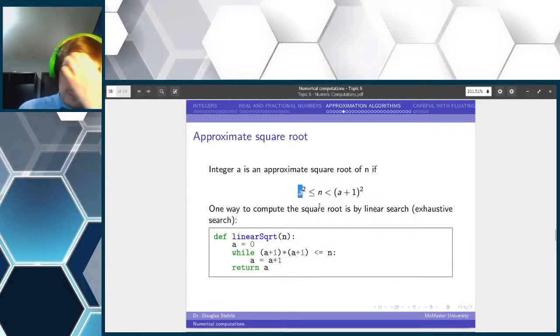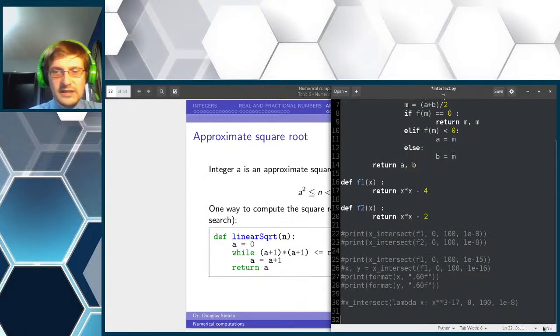So it's kind of like the Price is Right thing of close to but not going over. One way to compute the square root is by linear search or exhaustive search.